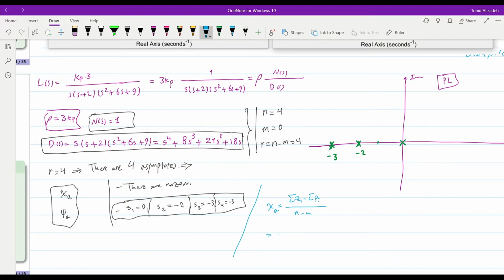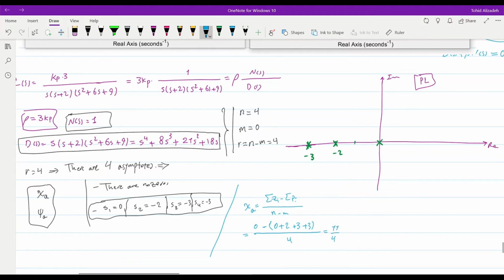There are no zeros, so we will have 0 minus, for the poles, we have 0, 2, 3, and 3 over 4, which will give us 11 over 4, and that will be minus 2.75.